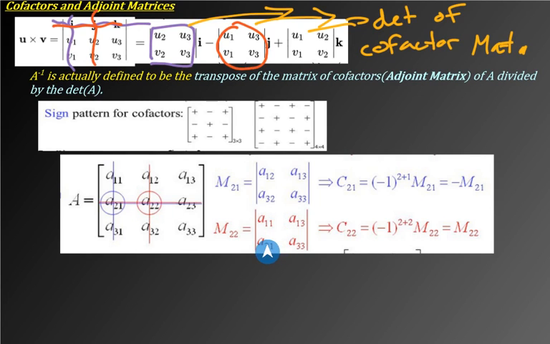If I do, they're calling it M22, which is the matrix for this one, it would be A11, A13, A31, A33. And then this is more about the sign of it and stuff like that, but don't worry about this as much. It's not important. You can just do it along any row or column.